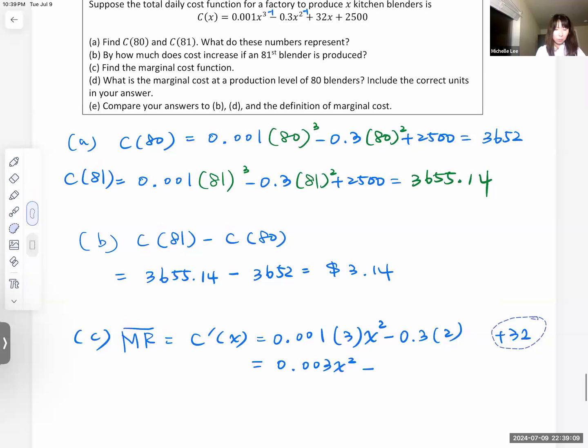I mentioned that reduced by 1 here. 2 minus 1. Why didn't I put the X? Okay, so 0.3 times 2, which is 0.6x plus 32. Okay, now that's the marginal cost function.